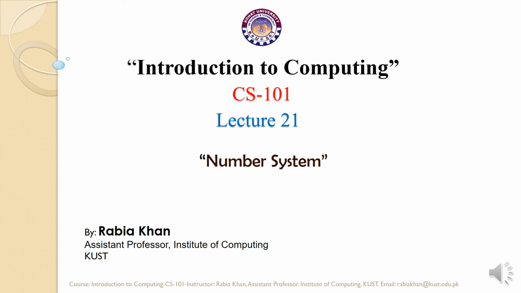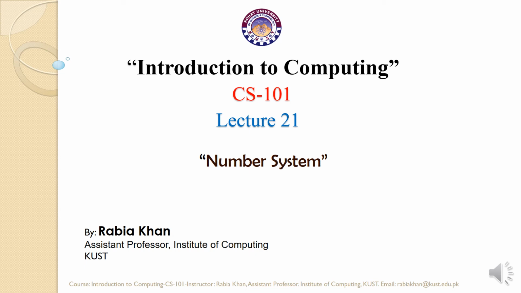But in normal dealings, we do not mention the base with the decimal number system, as it is understood that decimal number systems normally have base 10. But the rest of the number systems need to be mentioned with their respective bases.